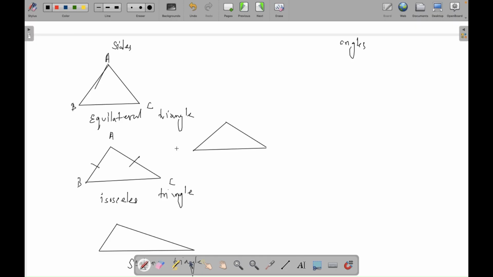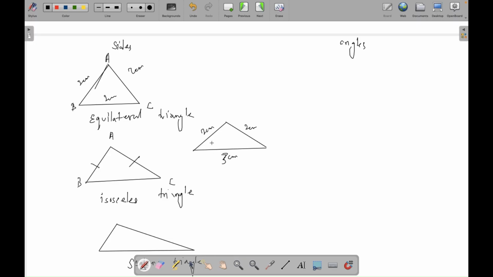Say this is 2 centimeter, this is also 2 centimeter, but this is 3 centimeter. Here, all three are 2 centimeter. So you have drawn this triangle such that all three sides are equal to 2 centimeter, and that is why this became an equilateral triangle.